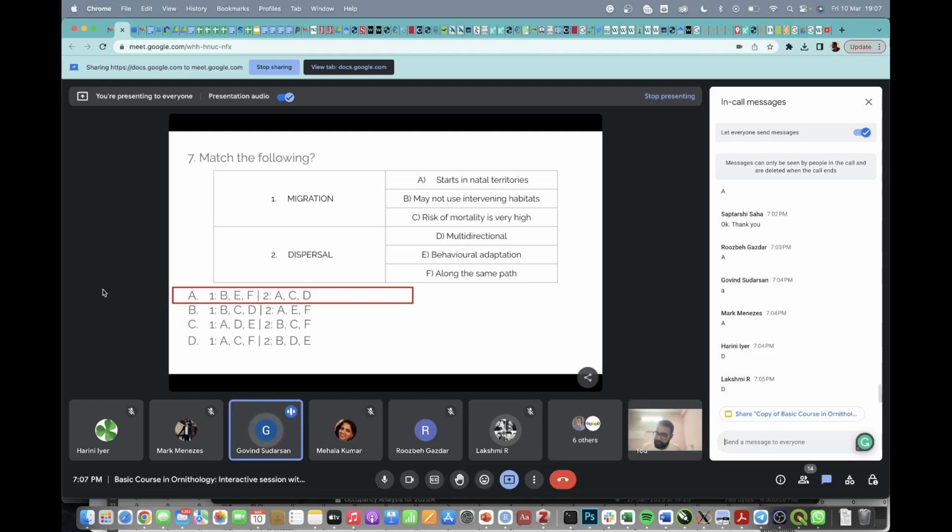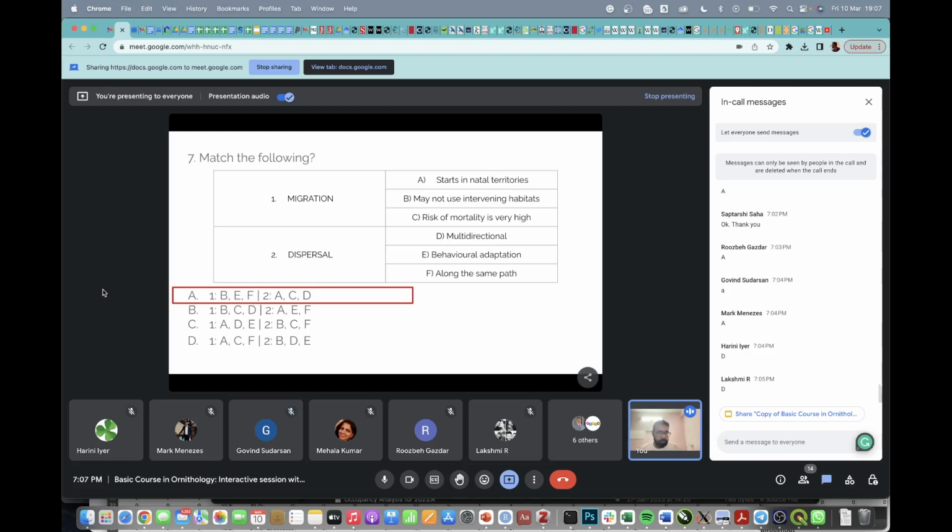Doesn't dispersal have higher natural risks, since it involves actually choosing a particular area to set up shop in, which is completely unknown to the bird, and migration follows the same path, the least risk, right, sir? Yeah, and migration always has a leader, like a previous migrant who's already been to those places.